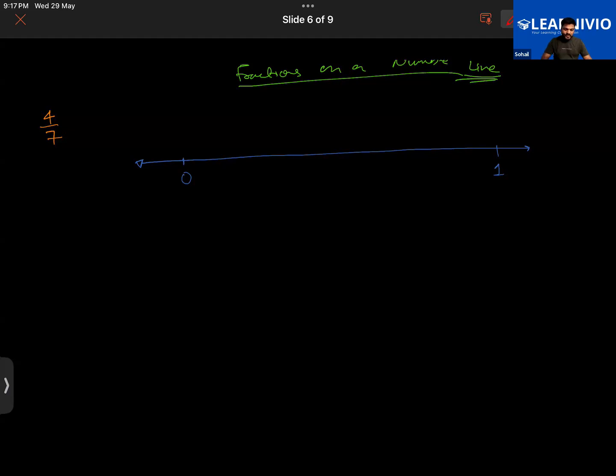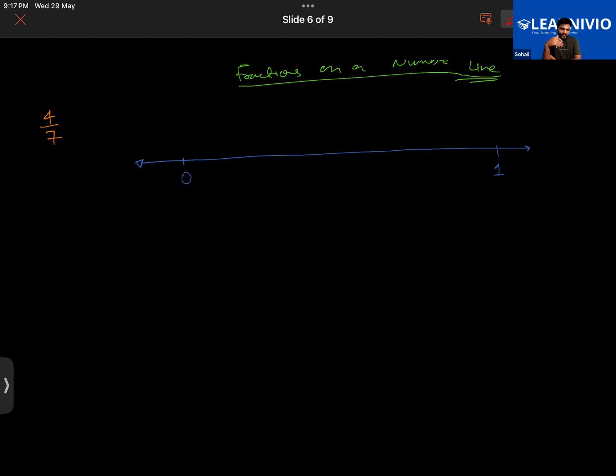First of all, you will draw a reasonable length of number line as I have drawn over here. Then you will mark points 0 and 1 on the number line. Now if it's an improper fraction, you would be required to convert it into a mixed fraction first and then proceed.